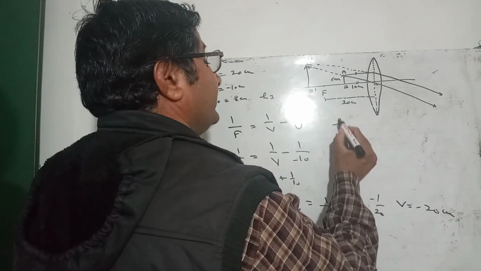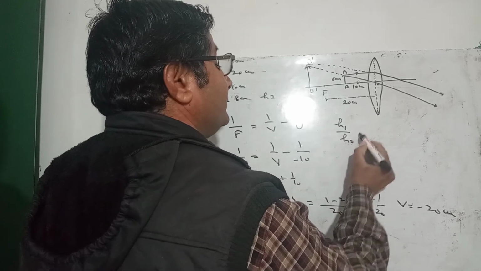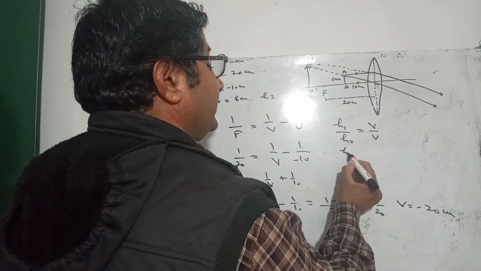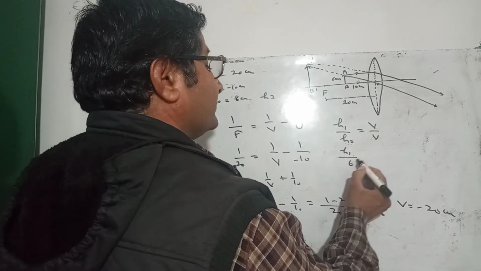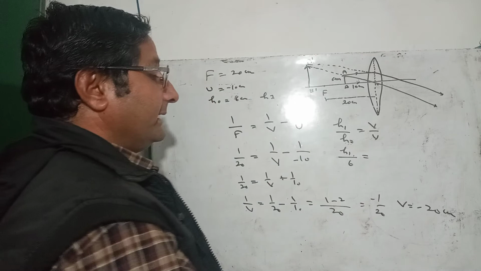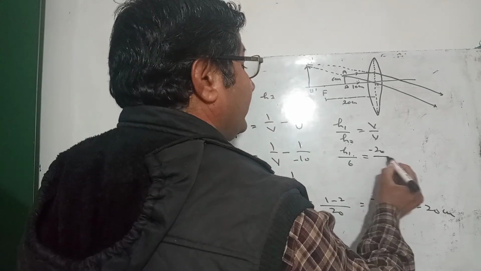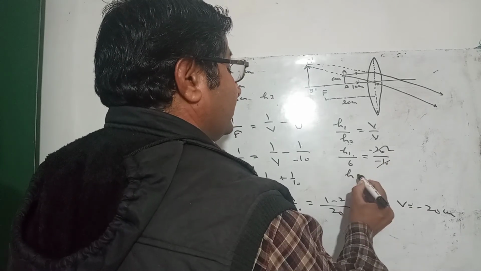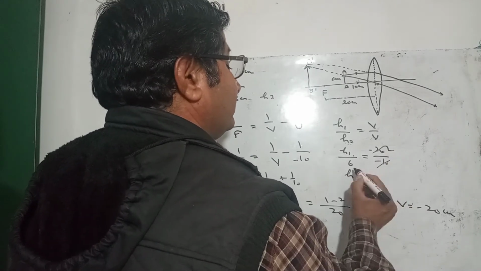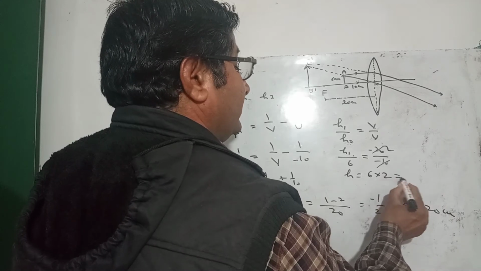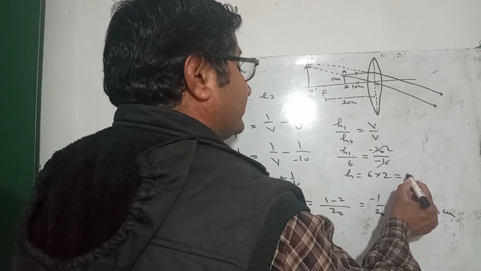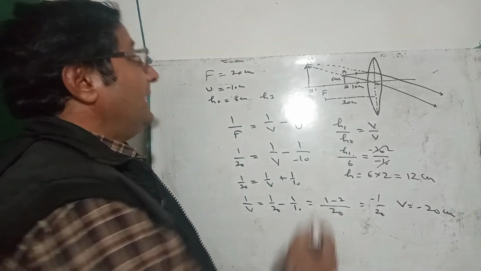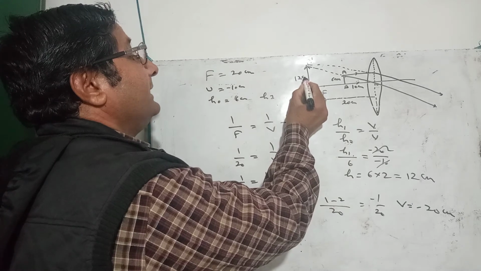Now HI upon HO equal to V upon U. HI we have to find, HO is 6, V is minus 20, U is minus 10. So HI equal to 6 multiplied by 2, 12 centimeter will be the height of the image.